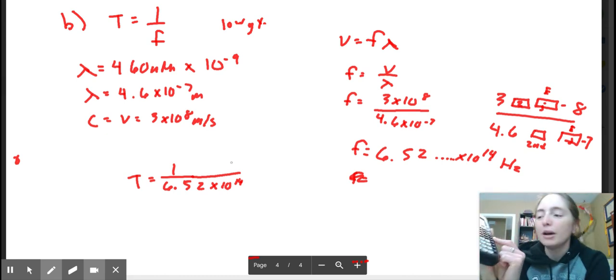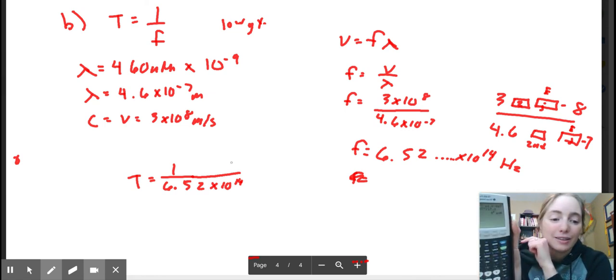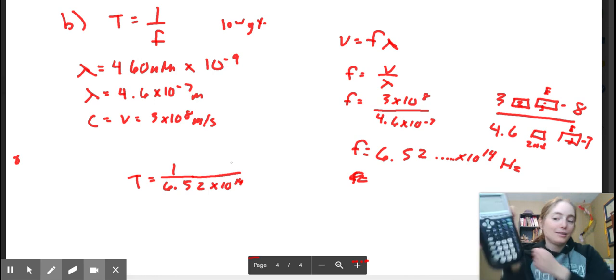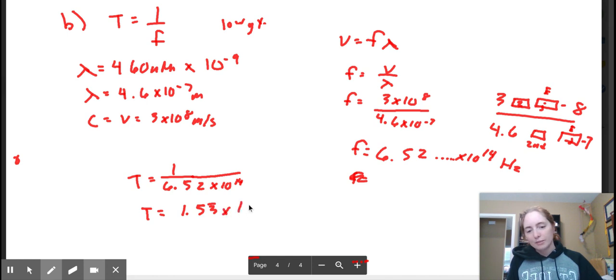That button means take the inverse of. So instead of going 1 divided by second answer, I'm just going to hit that inverse button, and it'll give me my answer. Okay. So your period, ladies and gentlemen, is 1.53 repeating times 10 to the power of -15 seconds.